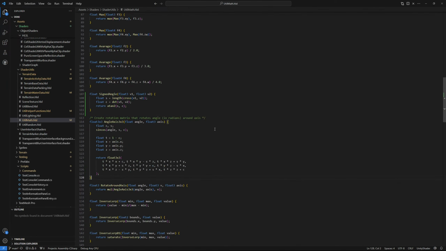We do cross product between these two and then the length of it. Then we do the dot product between them. In fact, let's normalize.